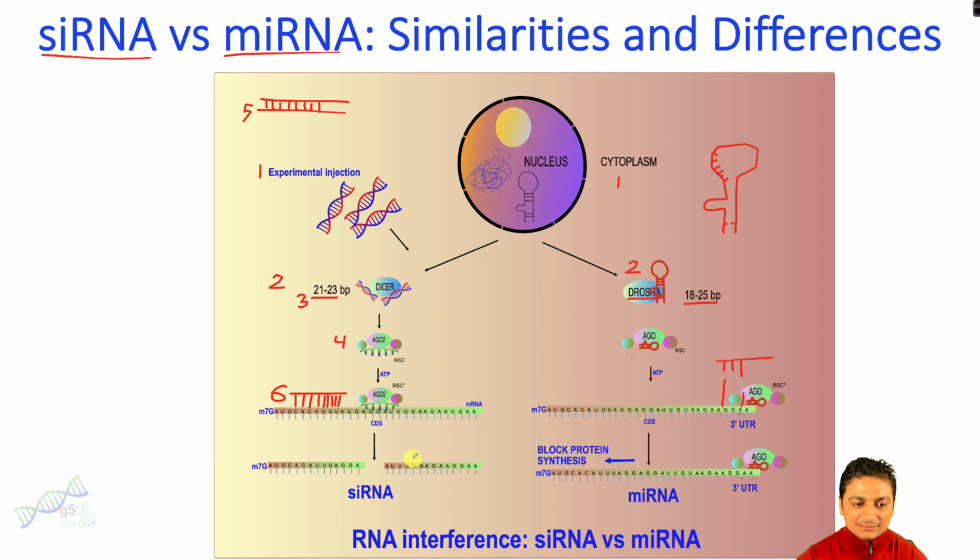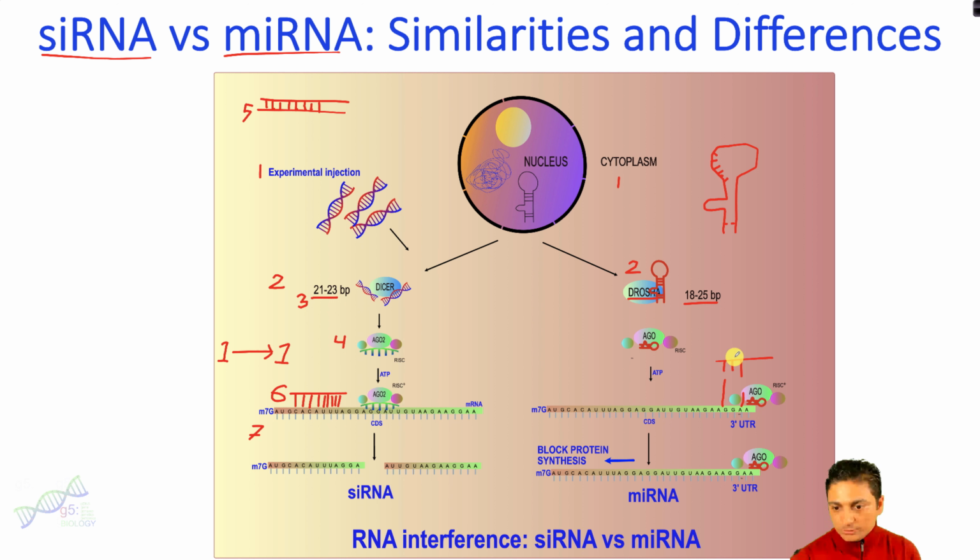And this is the reason why we have the seventh difference. In the seventh difference, a single siRNA can affect a single gene. So one siRNA can target a single mRNA.